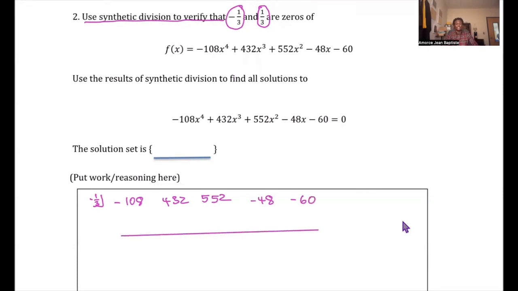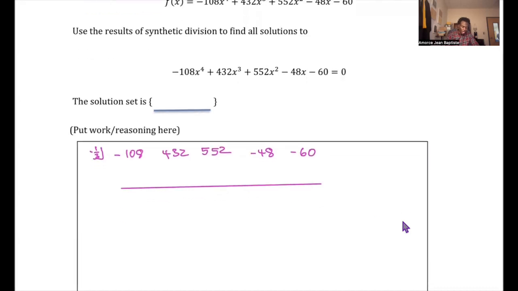We're going to perform this synthetic division. First thing is to drop the first coefficient, negative 108.